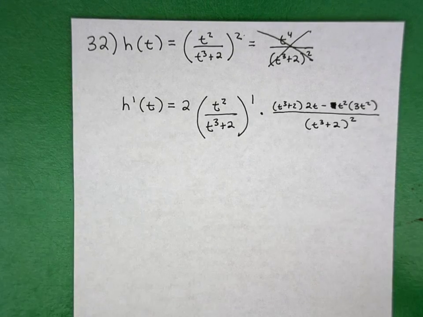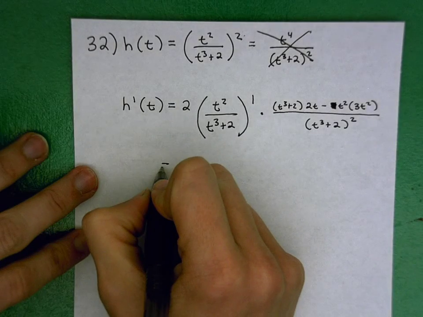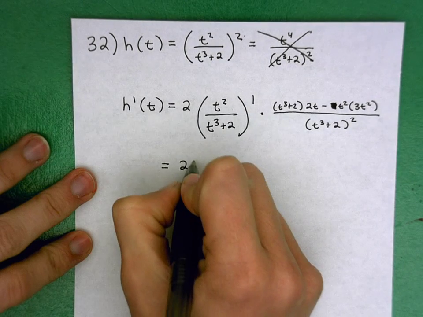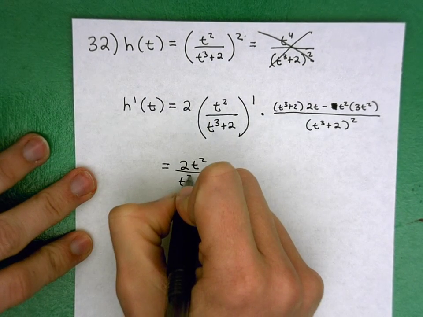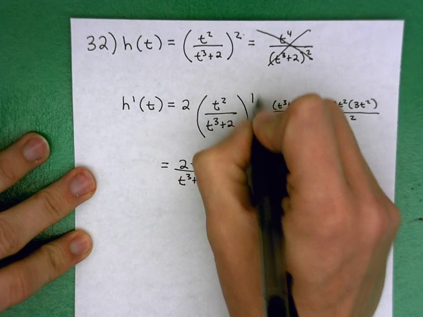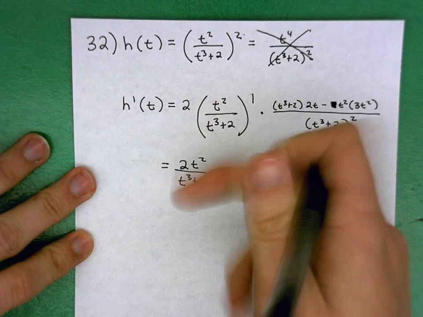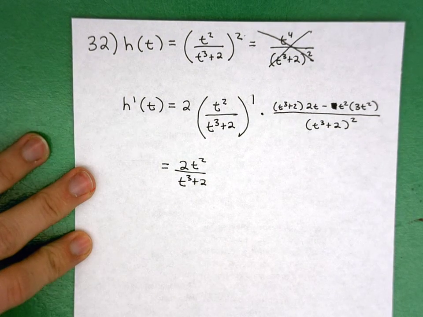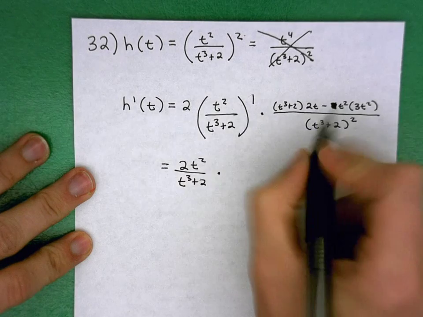At that point, we're going to be looking for, is there any sort of simplification I can do? And initially here, I'm just going to set this first term kind of side by side here, 2t squared over t cubed plus 2. And I can do that, right, because the 1 doesn't matter. If it was squared, I'd need to split the squared between the numerator and denominator, right? But it's 1, so. I'm going to leave that first term like it is, and I'm just going to focus on this second term.